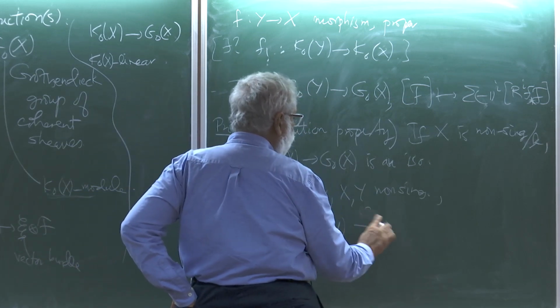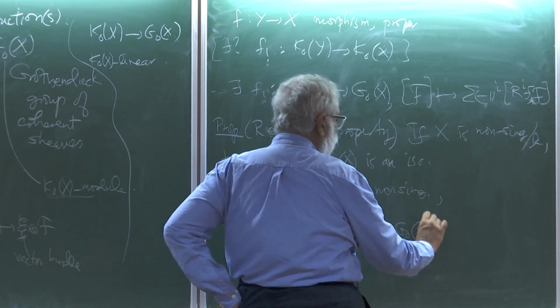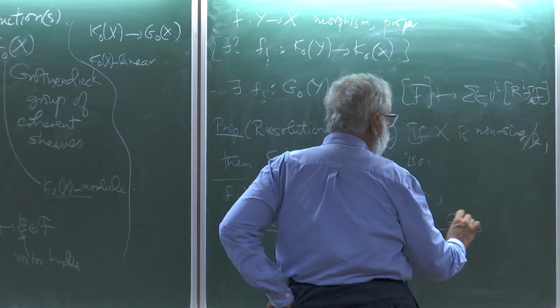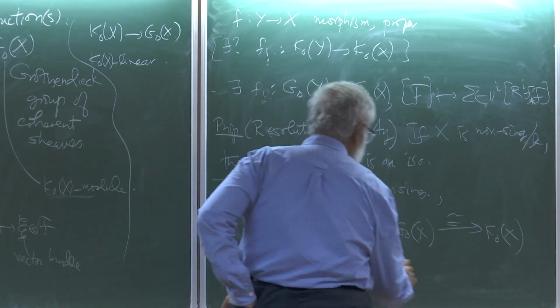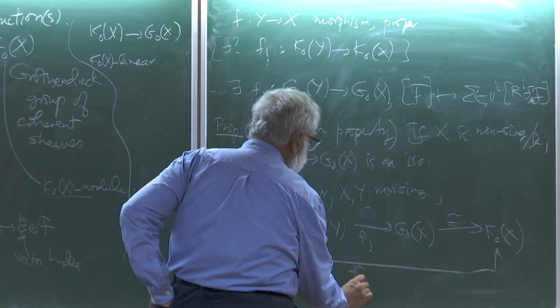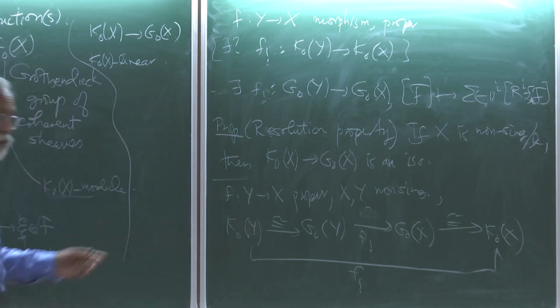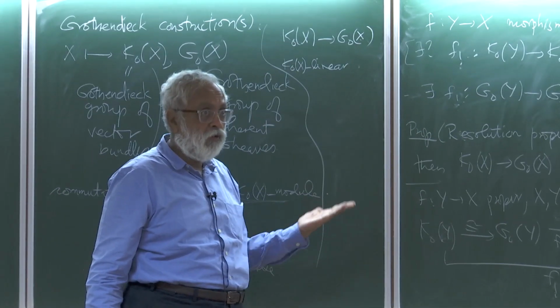There I was able to define a push forward to G0(X). And then there's the inverse isomorphism to K0(X). So this allowed me to write a proper push forward in the non-singular case. And this was the strategy. So this is a kind of important property, this resolution property. So I want to discuss the proof of that.